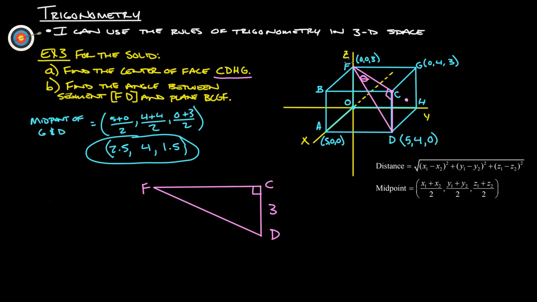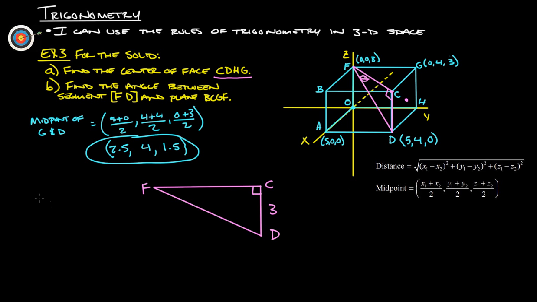We don't know what that length is either, so we're going to want to find what FC is. We can do that with the distance formula, or you could also do a squared plus b squared equals c squared. Since we have the distance formula here, let's use that one.